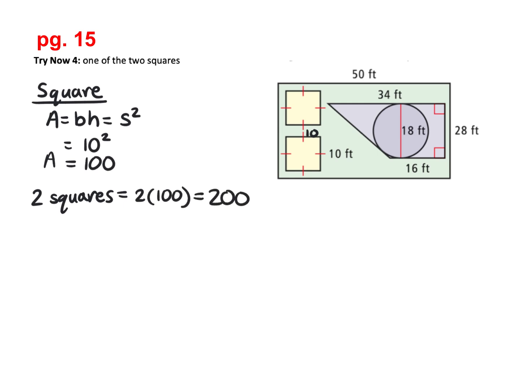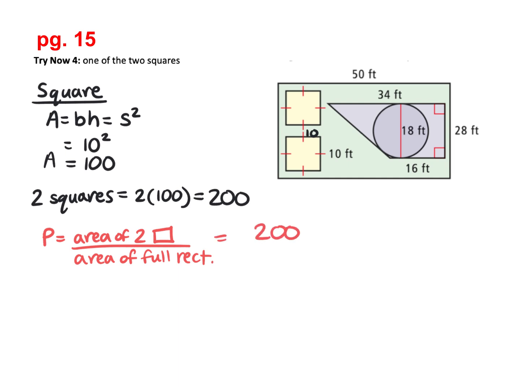And now we can calculate our probability. The probability is going to be equal to the area of the two squares divided by the area of the full rectangle. So let's take 200 divided by 1,400 and stick that into your calculator.